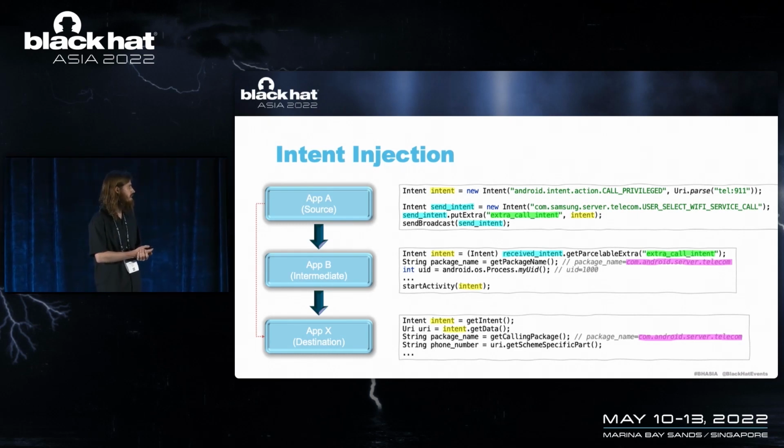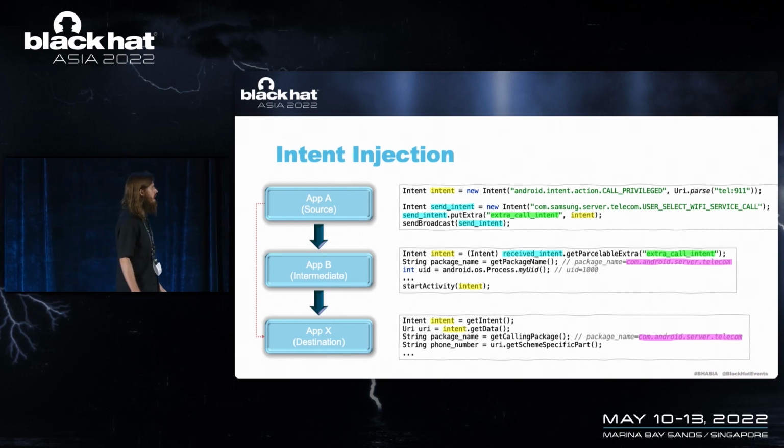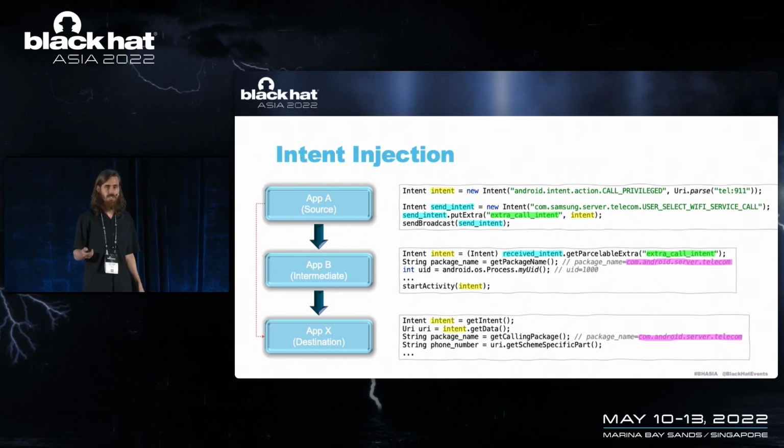It sends the intent using an action string of user select Wi-Fi call to application B, which registers for it. It's going to receive that intent, get the embedded intent using the same key name, and then send the intent, which then will reach application X. So application A has created an intent and sent it indirectly to application X through application B.